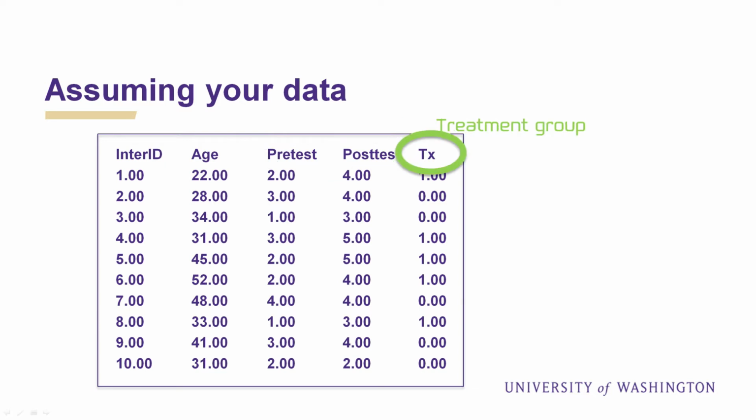And the fifth column refers to whether a participant is in a treatment group or not. For example, if Tx is 1, that means the participant is in the treatment group, and if Tx is 0, that means the participant is not in the treatment group.